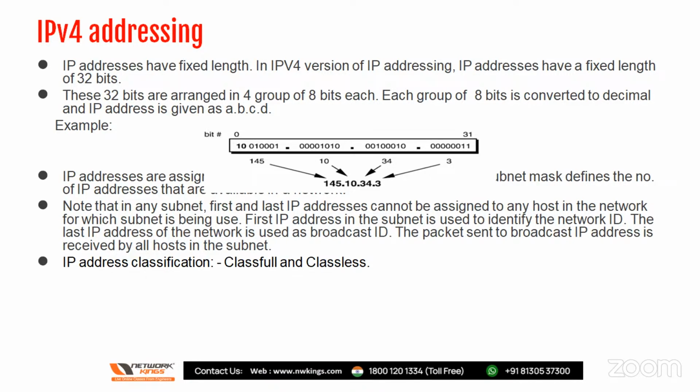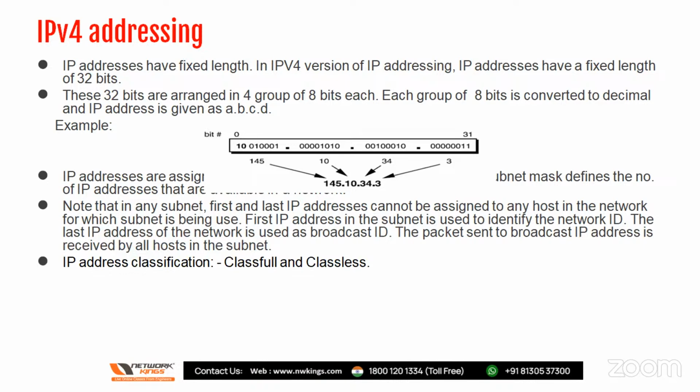IPv6 works with 128-bit addressing, which means you will also have hexadecimal values, so 0 to 9 and then A, B, C, D, E, F. It is of the length of 128, so 2 power 128, which is an abundance. You can survive more than 60 or 70 years with IPv6. That's how IPv6 has been developed by the Internet Engineering Task Force.